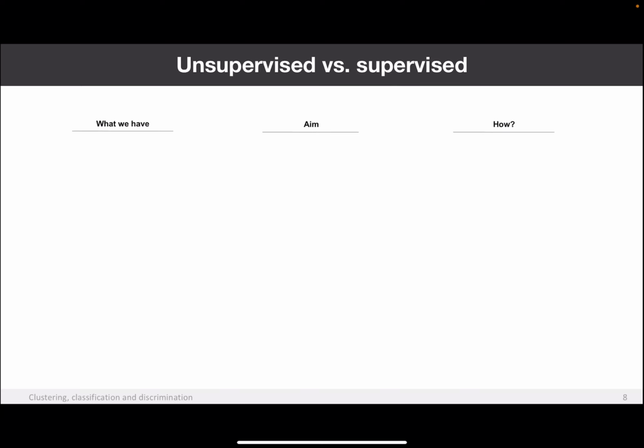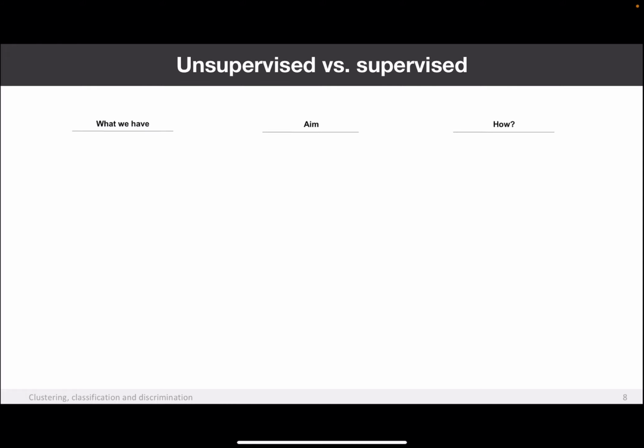Okay. Now, if you consider all classification methods, all classification tasks, they can be divided into unsupervised and supervised. What's the difference? Well, the difference is in several things. First of all, it is what we actually have as an input. So what kind of information we have at the beginning, and then what the aim is, and then how we do that.